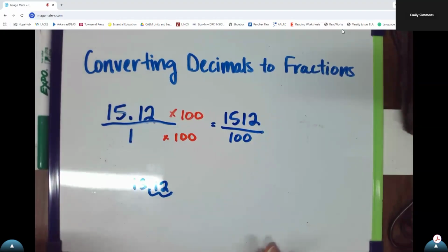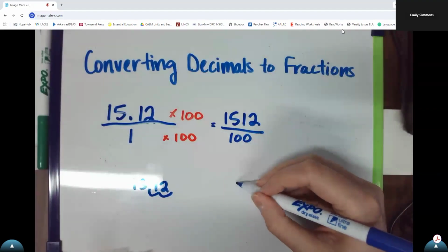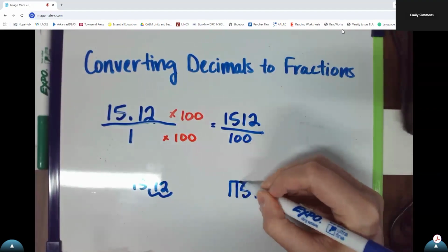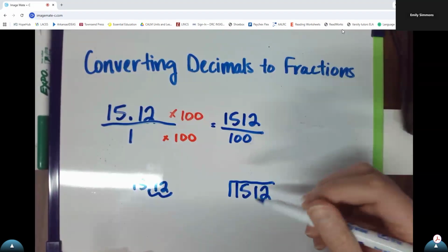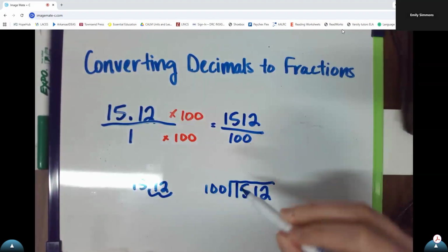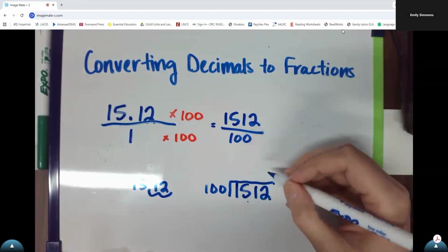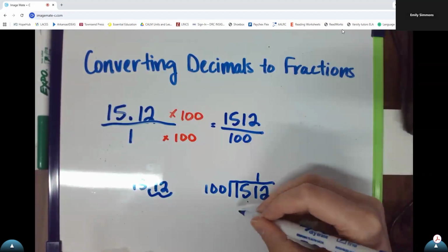So when my decimal with a whole number turns into a fraction, it turns into a mixed number. So we need to pull out our whole number. And we could have done this at the start. 100 can't go into 1, it can't go into 15, but it can go into 151 one time.